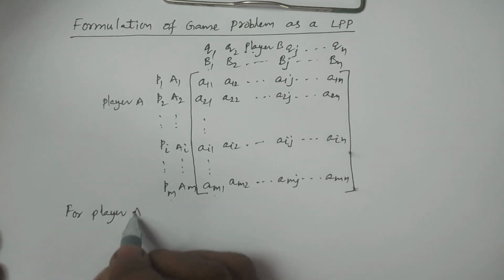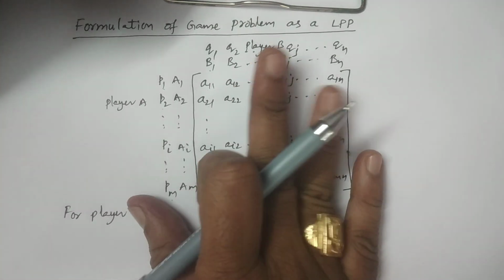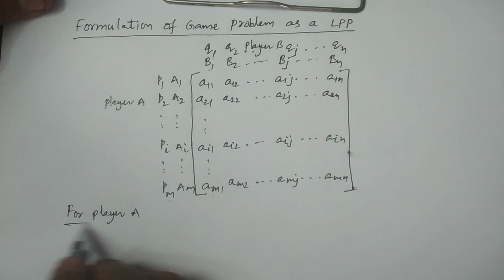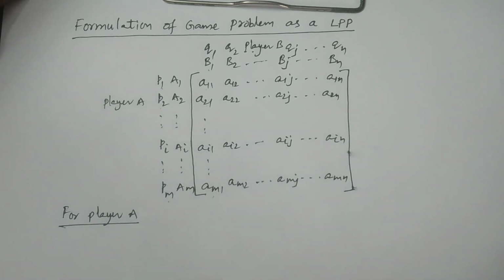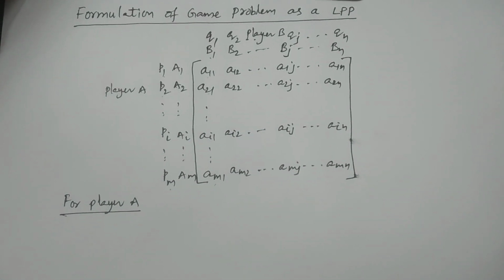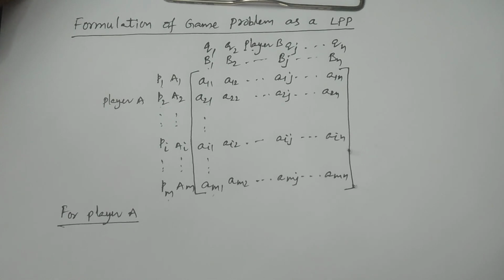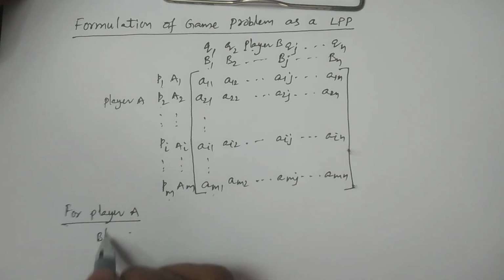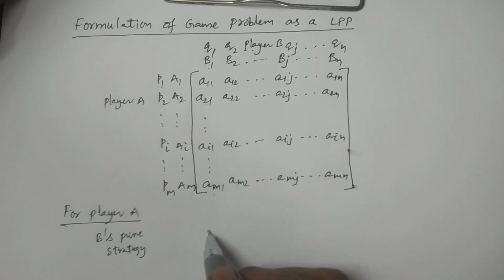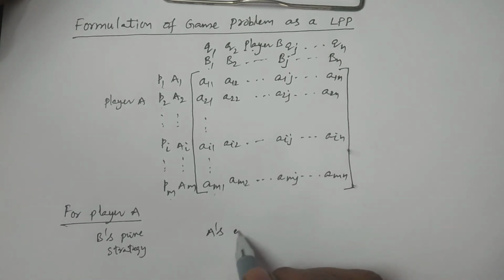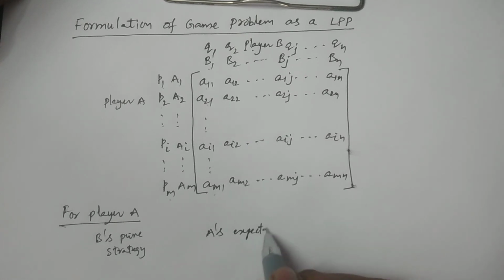For player A, what is the kind of gain which player A gets? If player B selects a particular pure strategy, A's expected gain.